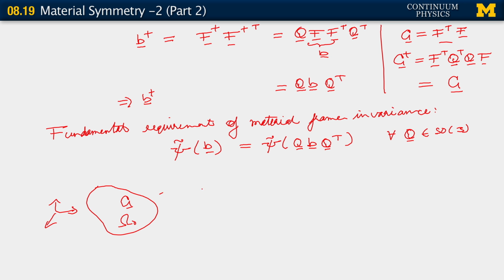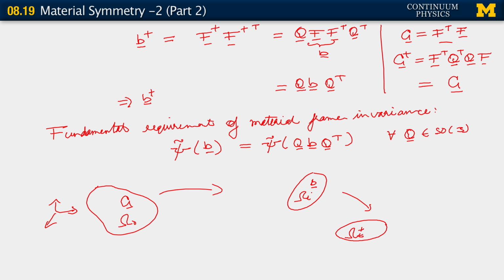So it does not observe what we are doing with the current configuration, when we apply rigid motions on the current configuration, those are not observed by C. Okay, these types of motions are not observed by C. B lives here.